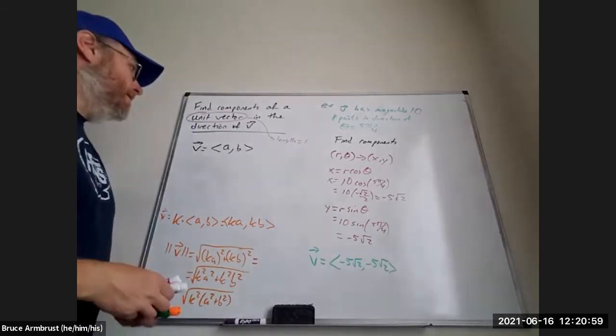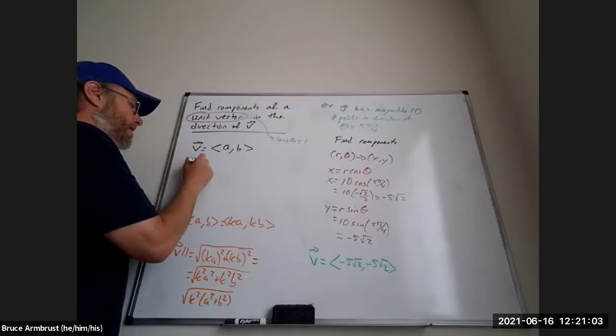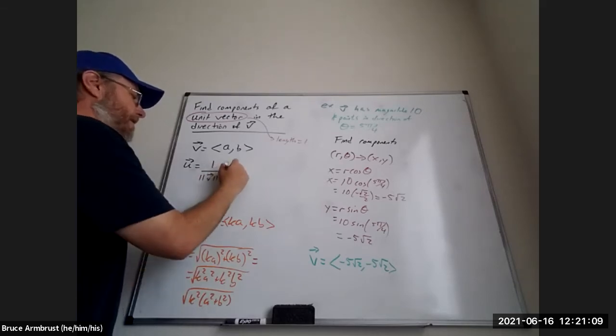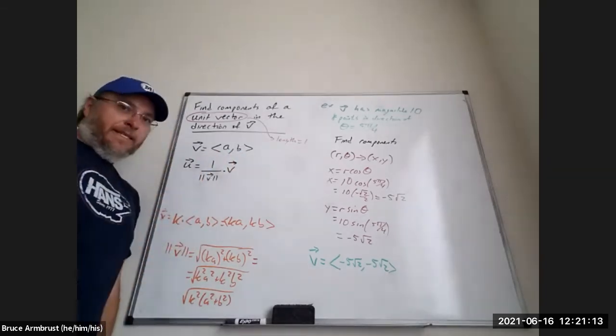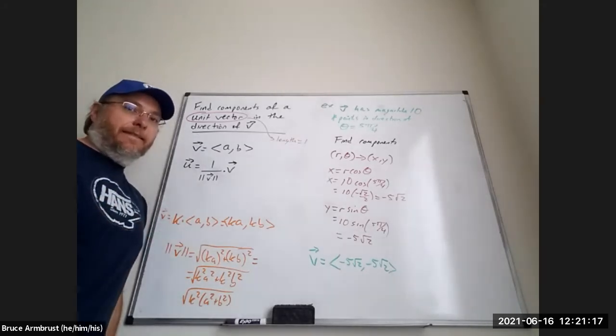All right, well, the way we're going to do that is we're going to multiply by 1 over the magnitude of v. We're going to take its length, and we're going to multiply by 1 over that length.